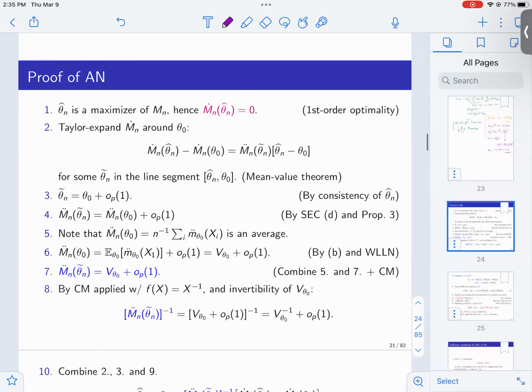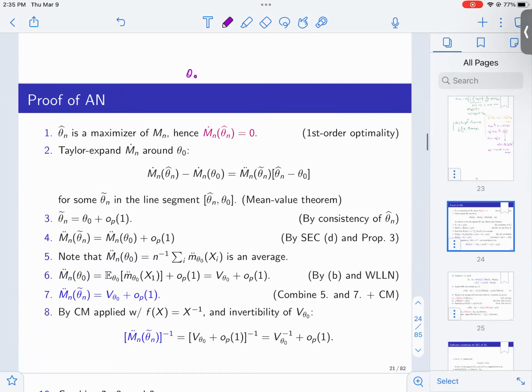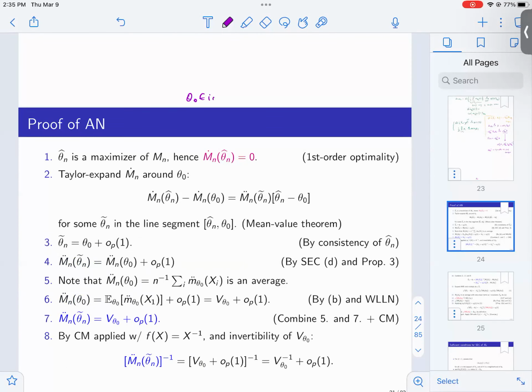First we observe that theta hat n is a maximizer of Mn, and because I assume that theta naught is in the interior of the domain, and theta hat n is converging in probability to theta naught, for sufficiently large n, theta hat n is going to be in the interior of the parameter space with high probability. So there's no boundary issue.